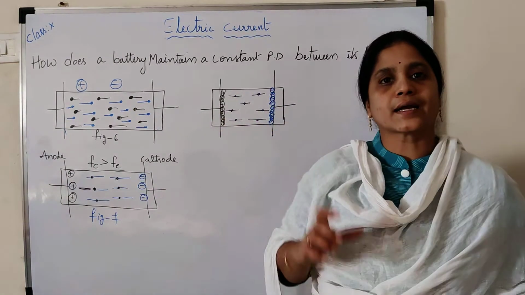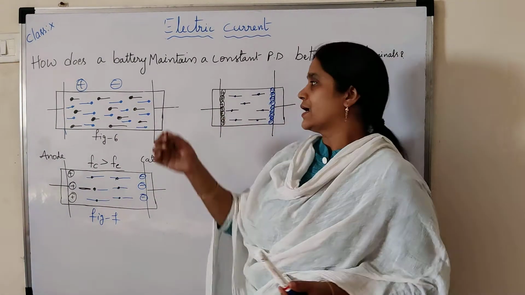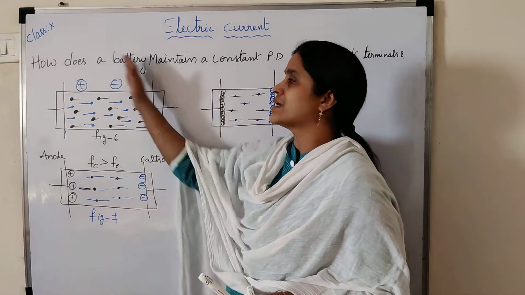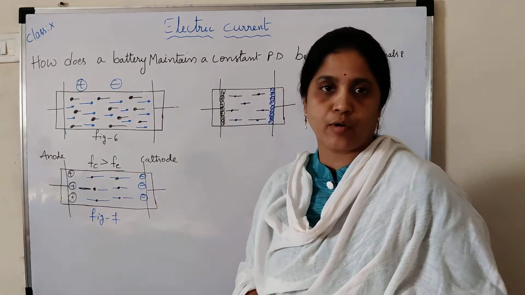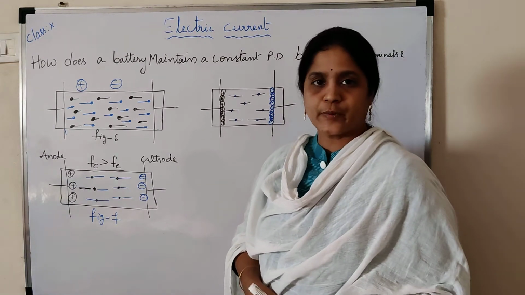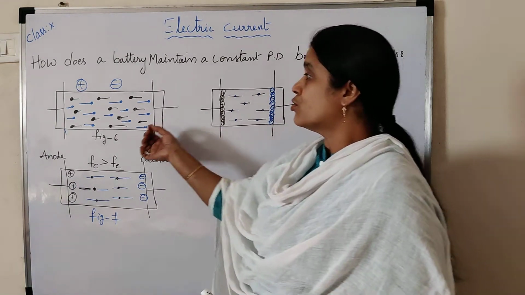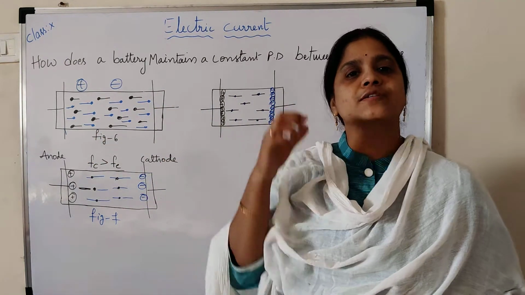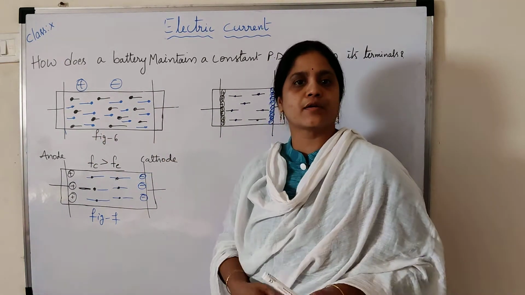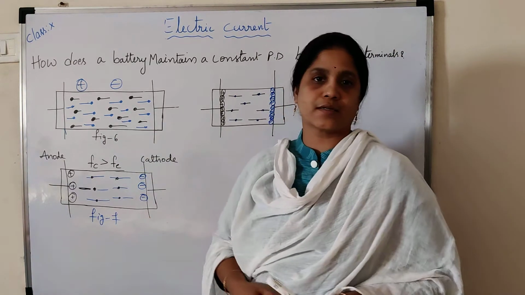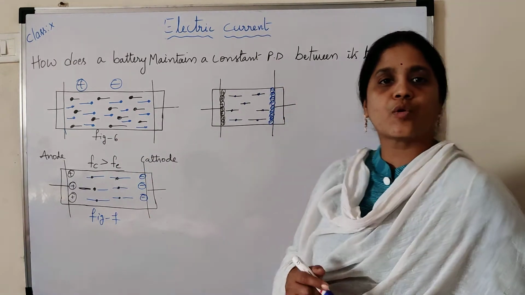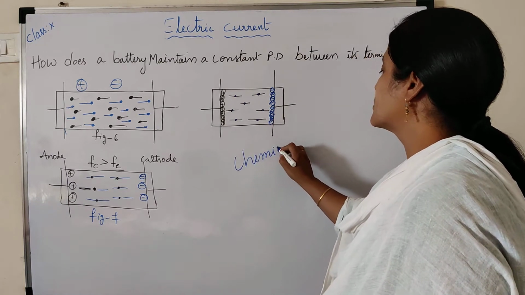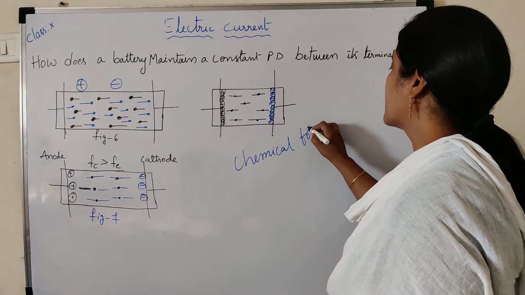This electrolyte contains ions, and these ions move towards their respective electrodes. To move these ions, a force is acting on them by the electrolyte. That force is known as chemical force.